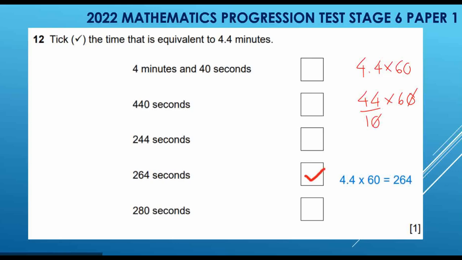So we get 44 times 6. 44 times 6, we multiply manually. 6 times 4 is 24. We keep 2 small here. Now 6 times 4 is 24, 24 plus 2 is 26, so 264. That's how we got the answer. So that is how we got 264.